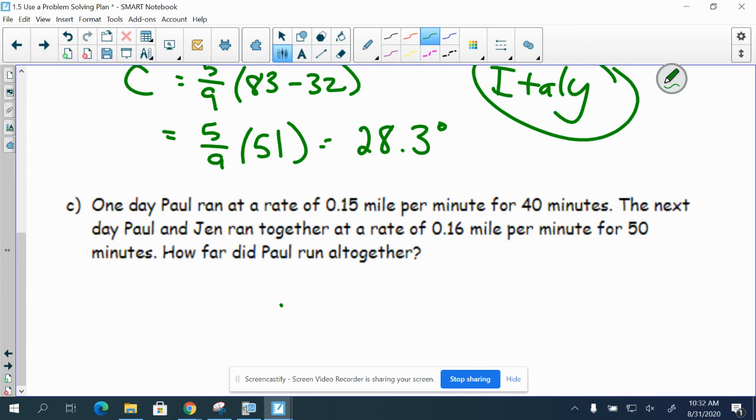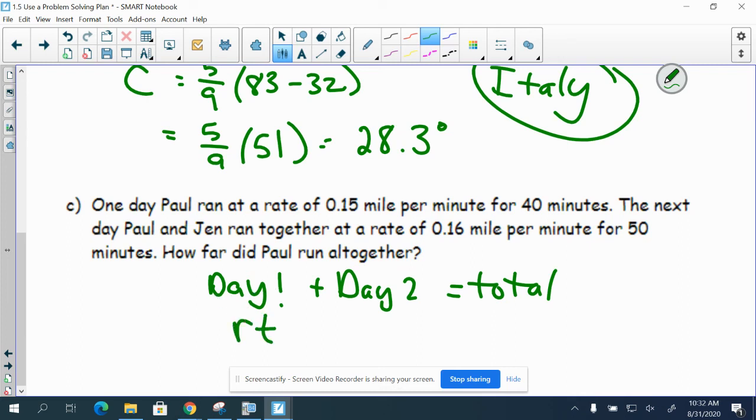How far did Paul run altogether? So we're gonna do his distance on day 1 plus his distance on day 2, and that should equal his total distance. So distance equals rate times time. So we're going to do the rate times time of the first day plus the rate times time of the second day, and that'll be his total.